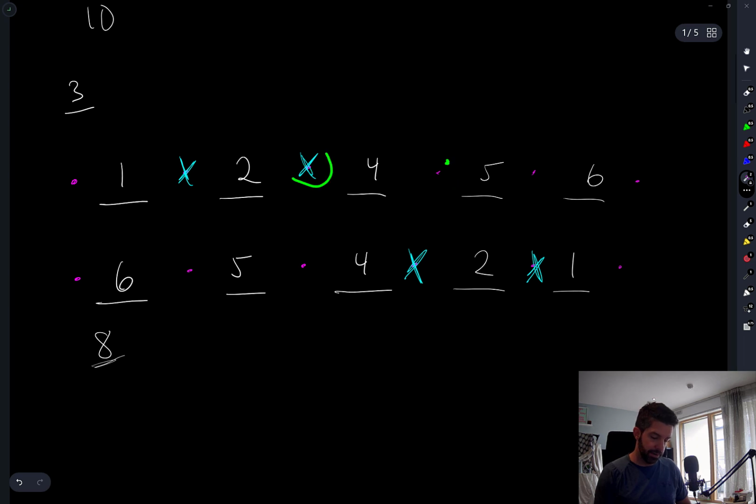If I put a 3 here, I can remove the 2 or the 4. So the 2 breaks things. If I put a 3 here, I can remove the 2. That's no good. And if I put the 3 here, it has to be removed. If I put the 3 here, anything can be removed, including 1 or 2. If I put the 3 there, 2 can be removed, but I've already counted that.